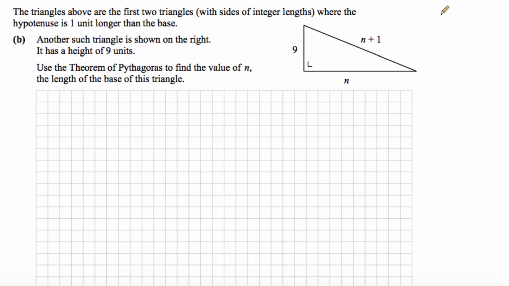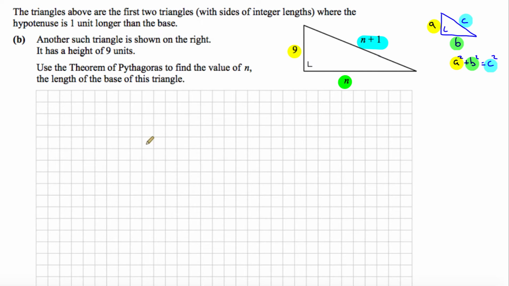So again, Pythagoras, which you can find in the tables book, says in a right angle triangle, if you have two sides A and B and the hypotenuse C, well, A squared plus B squared is equal to C squared. That's all Pythagoras says. So again, we've got our A value, which we'll take as 9, our B value, which we're going to use n, and then our C value, which is our hypotenuse, will be the expression n plus 1.